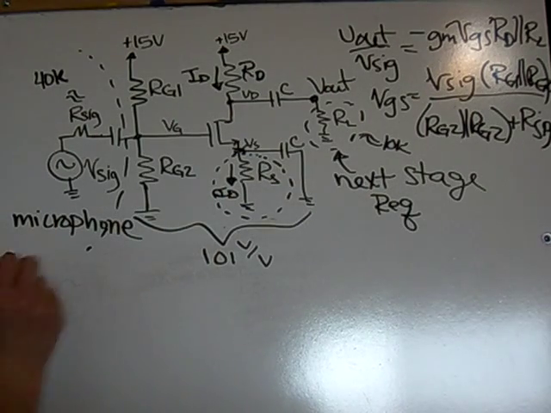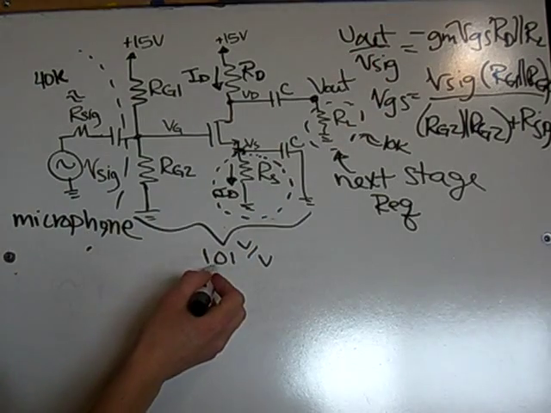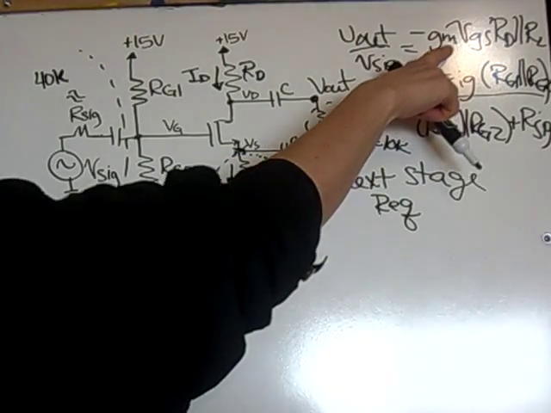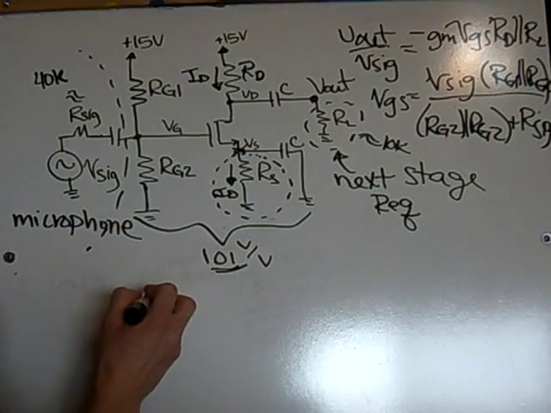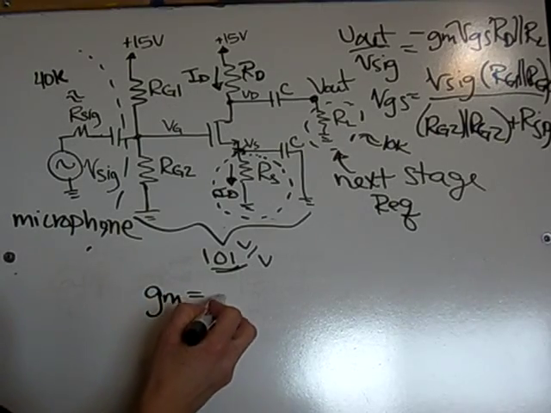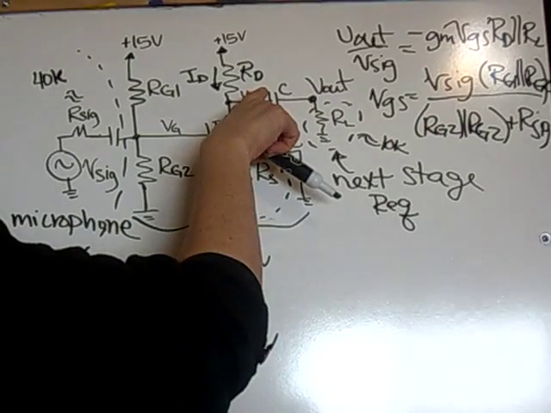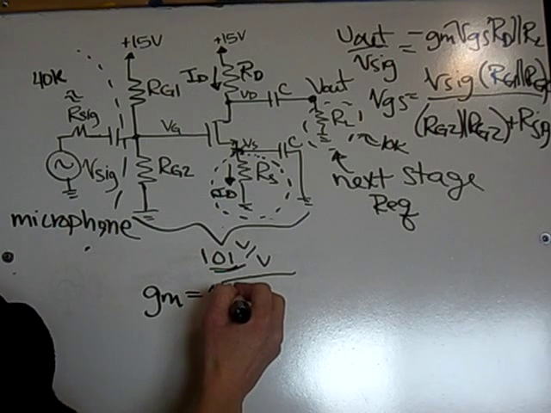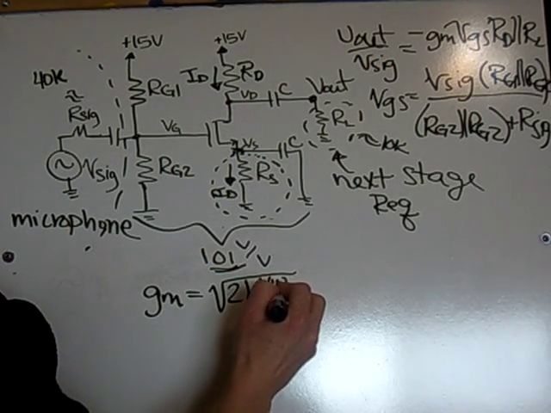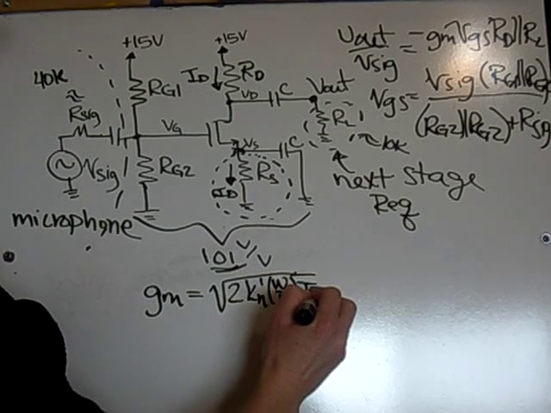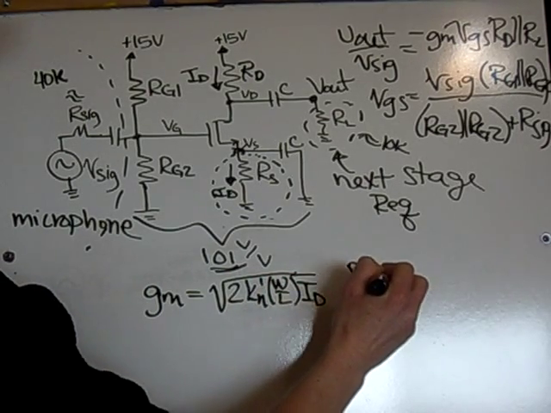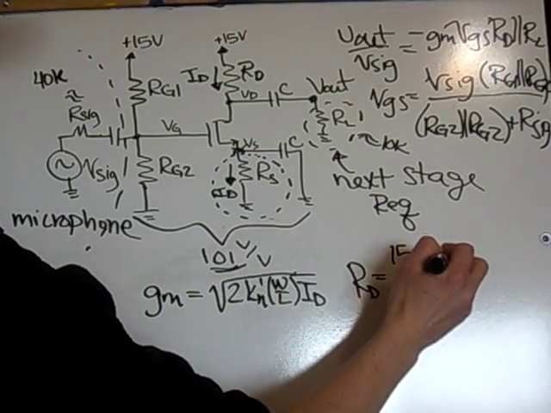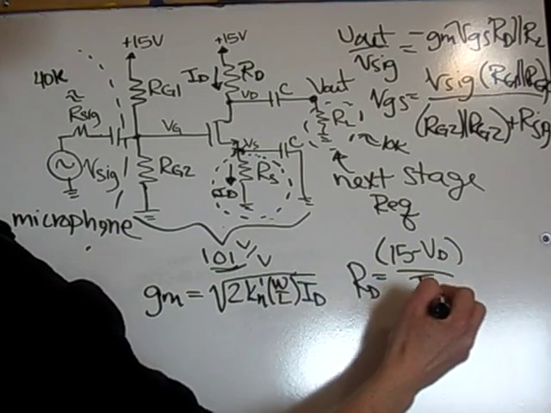Now I can take these equations, set a gain of 101, and then design this. I have two equations. gm can be written as the square root of 2 kn prime W over L ID, and RD can also be written in terms of ID as 15 minus VD all over ID.